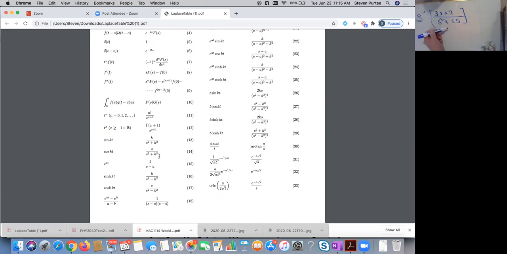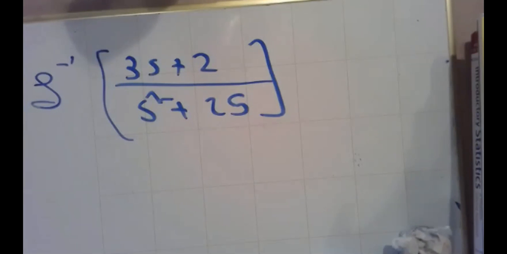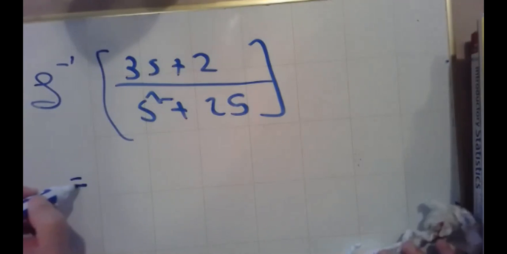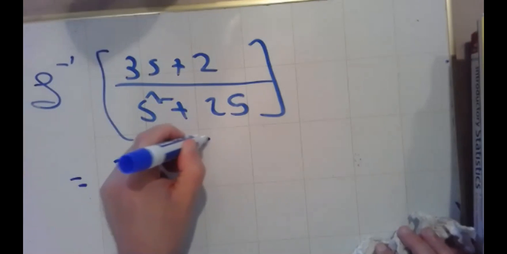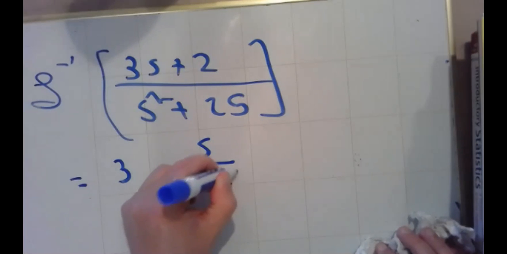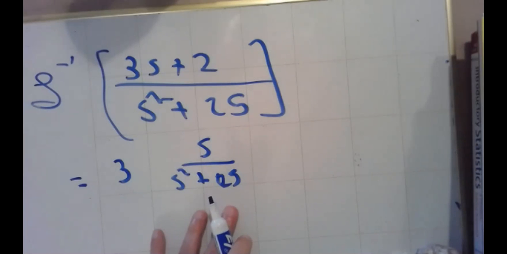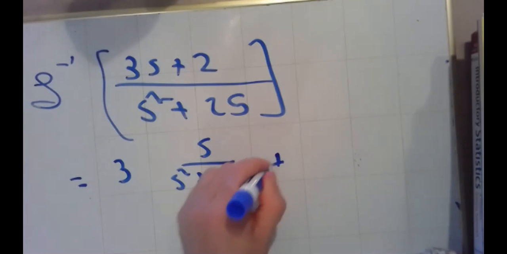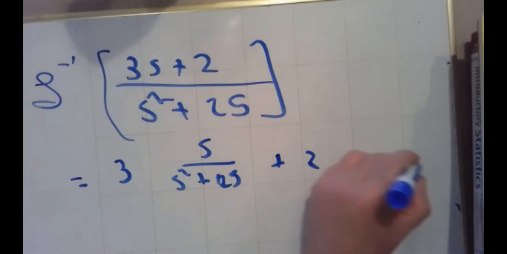The 2 over will be a sine. So split this up. I'm going to pull that 3 out. s over s squared plus 25. That's going to be a cosine plus 2.